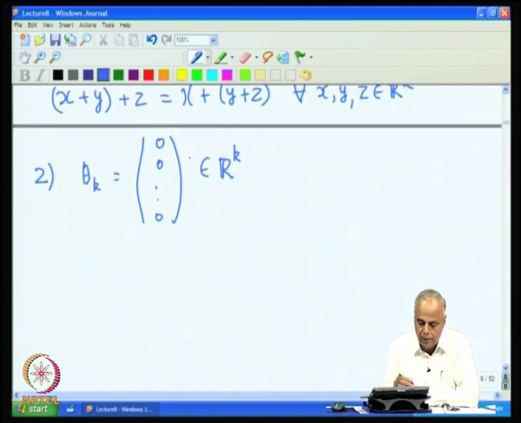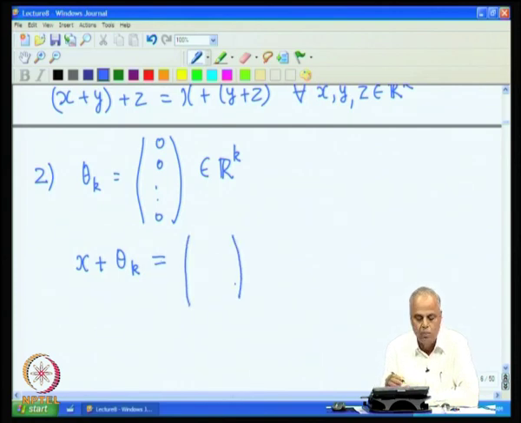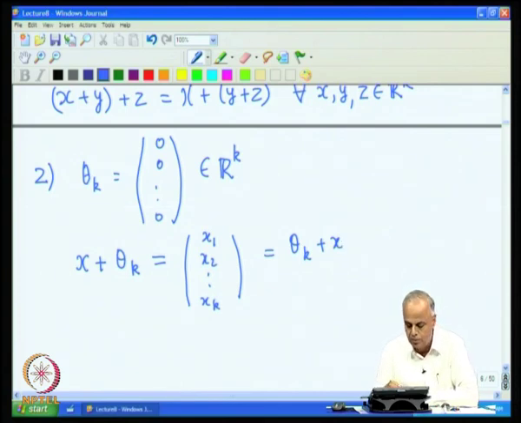This has the property that if we now add x to theta k, by our addition rule it will be x 1 plus 0, which is again x 1, x 2 plus 0, which is again x 2, and so on up to x k, and it will be the same as theta k plus x, because 0 plus x 1 is x 1, 0 plus x 2 is x 2, and this is true for every x in R k.